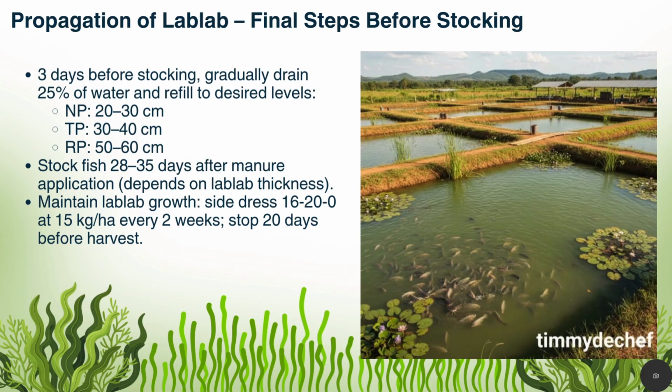To maintain a luxuriant growth of lablab, a side dressing of 16-20-0 fertilizer at 15 kilograms per hectare is applied every 2 weeks. But all fertilization should stop 20 days before harvest. This method ensures that the lablab provides optimal coverage and nutrients for fish while promoting sustainable pond management.